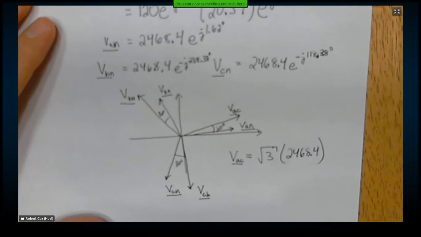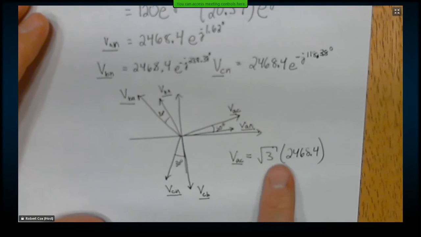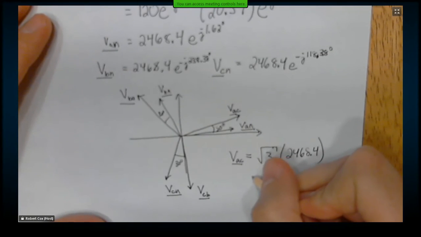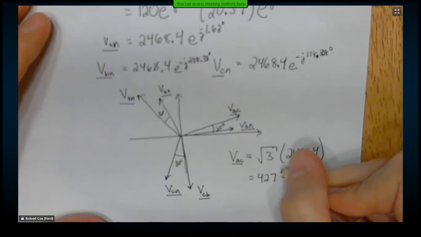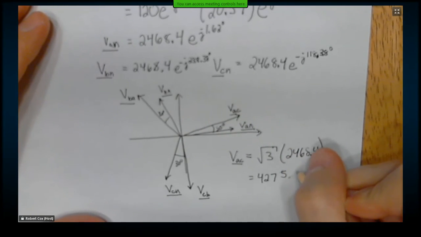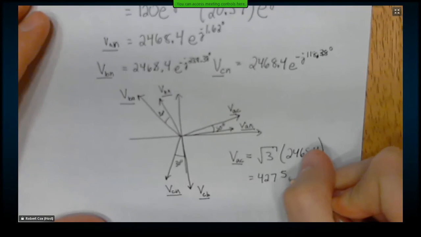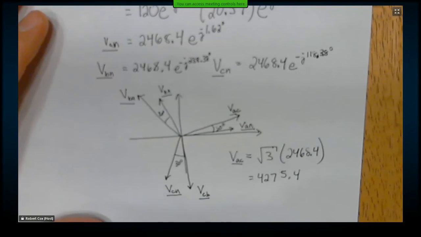Because again, the magnitudes of the line-to-line voltages have to be square root 3 bigger than the line to neutral voltages. So if I do square root of 3 times 2468.4, I get 4275.4, which is pretty close to what they've got there in the book.